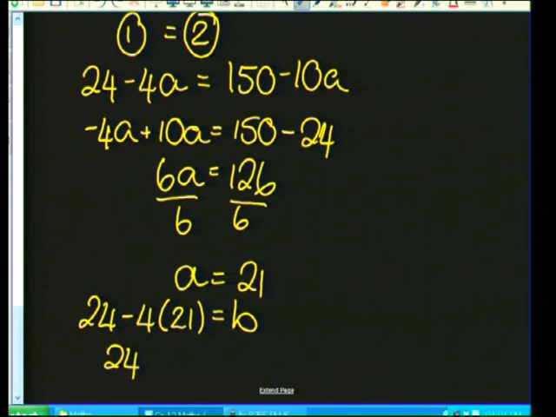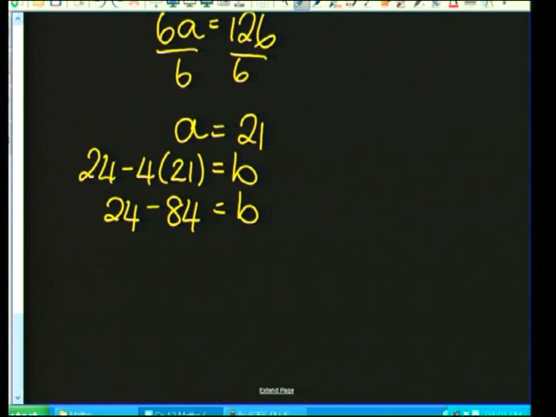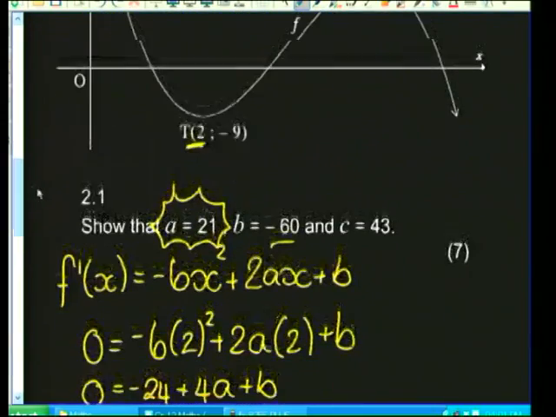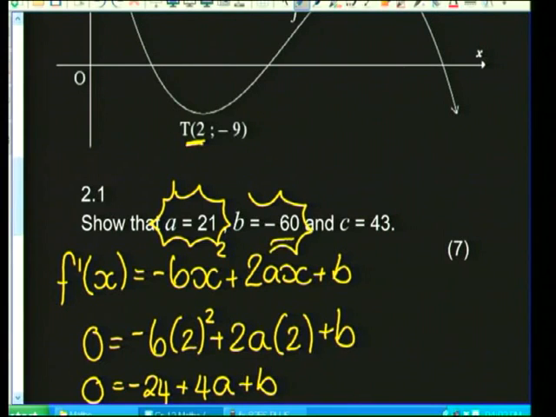So we've got 24 minus 4 times 21, that is going to give us 84, equals b. And 24 minus 84 is going to leave us with negative 60. Is that what they wanted from us? It is indeed. They wanted us to get negative 60 as our value for b.